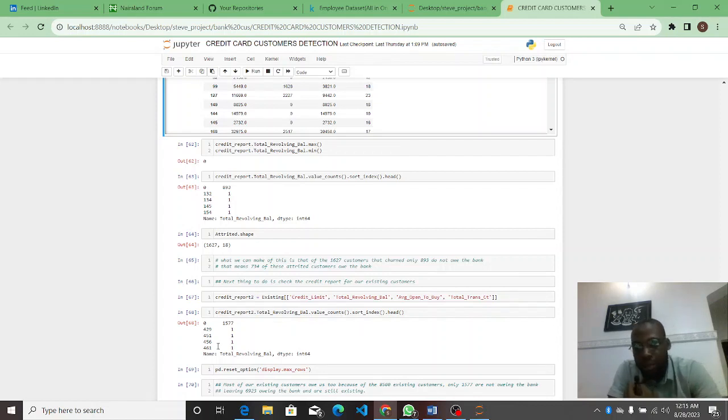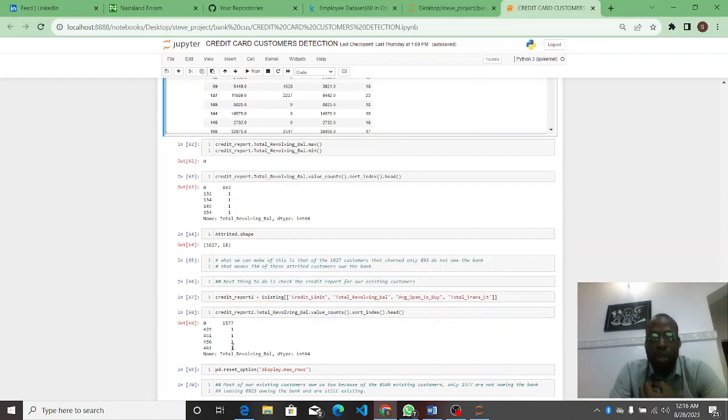We can't say they owe the bank actually, because they are still existing customers. We can only say they owe the bank if they are treated customers. Then we can say for a fact that yes, they owe the bank. But we can't say our existing customers owe us, because they are still involved in the system.